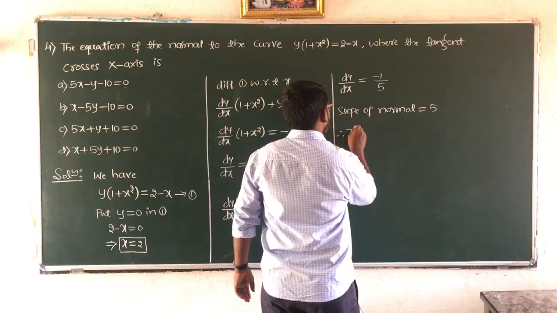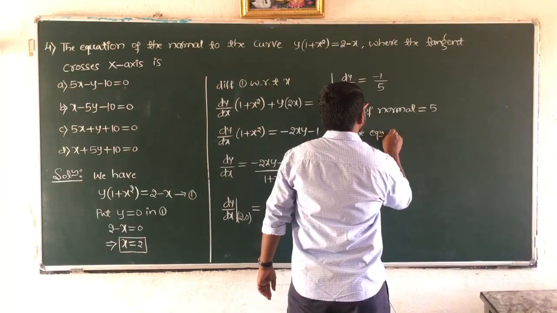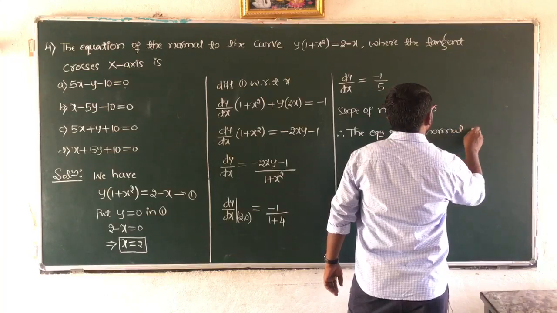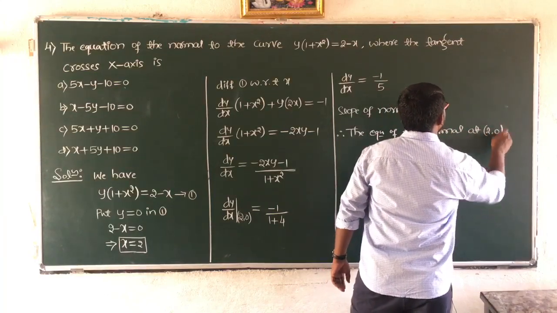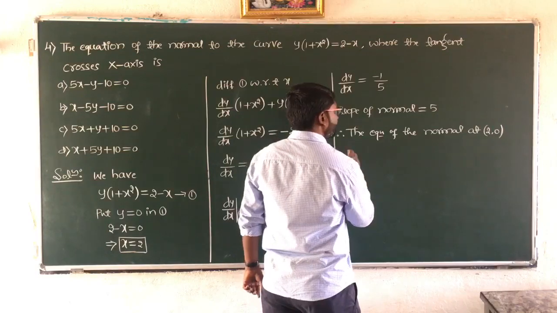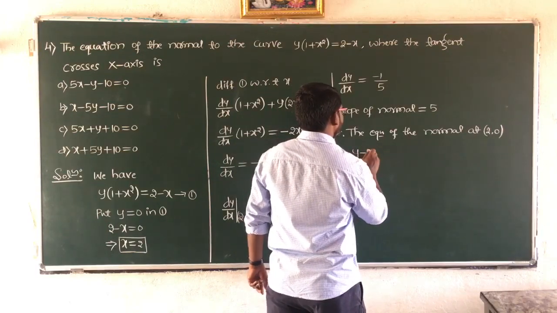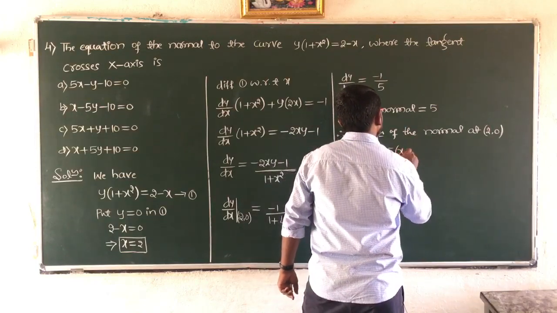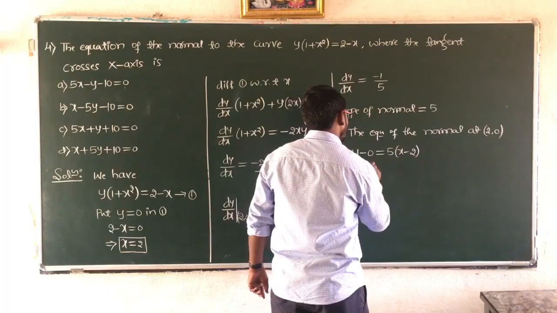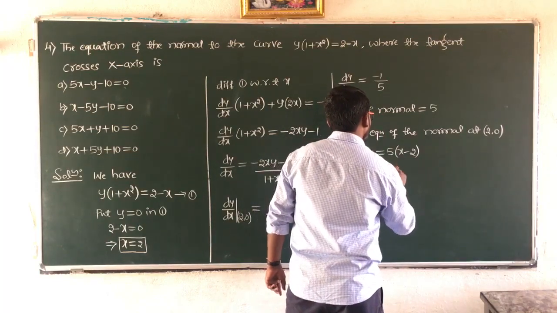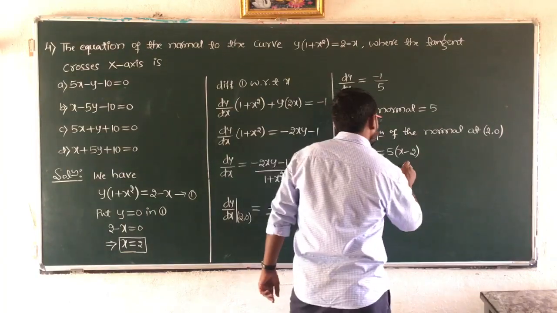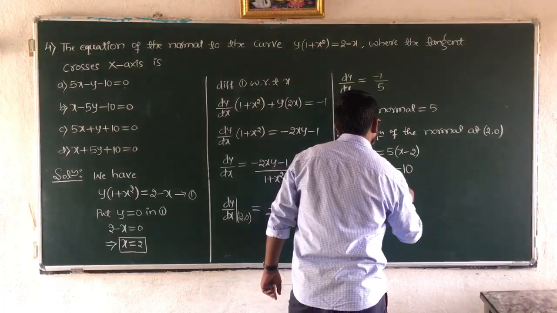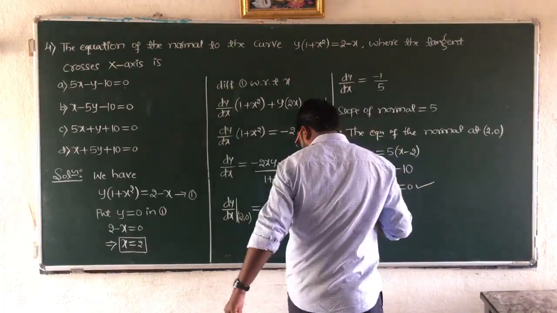Therefore the equation of the normal at 2 comma 0 is y minus y1, that is 0, equal to m, it is 5 here, into x minus x1, that is 2. So y minus 0 will be y, which is equal to 5x minus 10. So now this can be written as 5x minus y minus 10 equals 0. So this is the required answer.